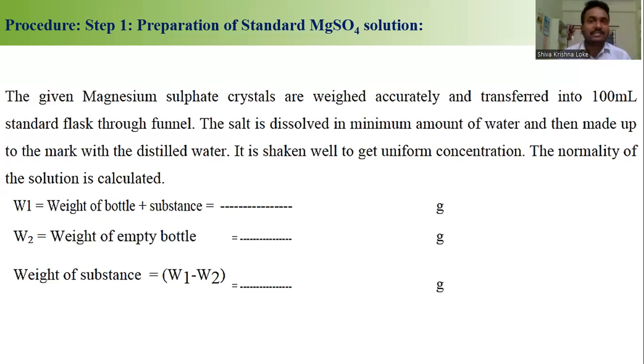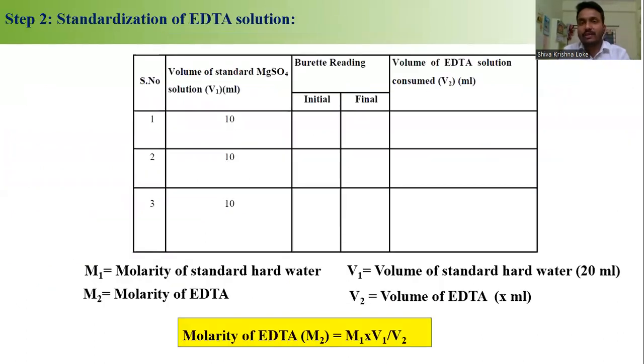Sir, what is the law of equivalence formula? M1V1 equals M2V2. Here, M1V1 are for MgSO4 and M2V2 are for EDTA.